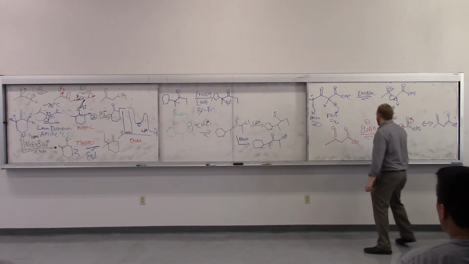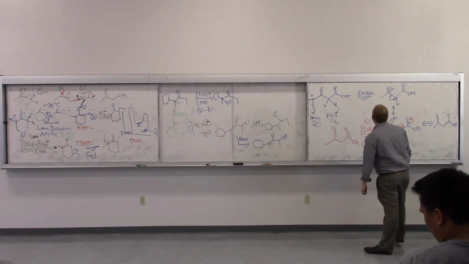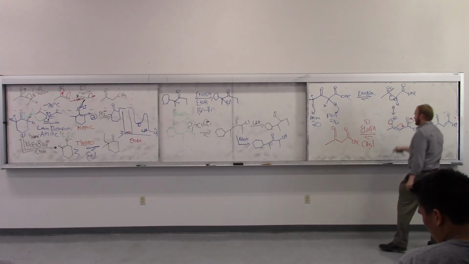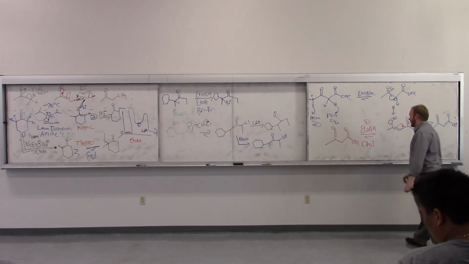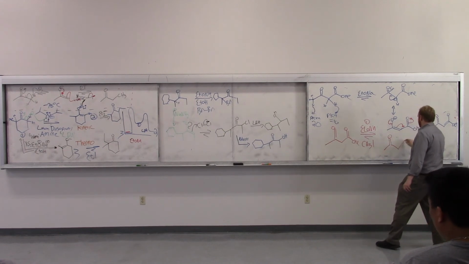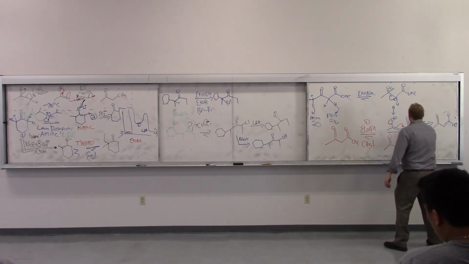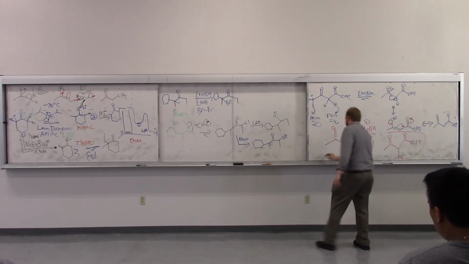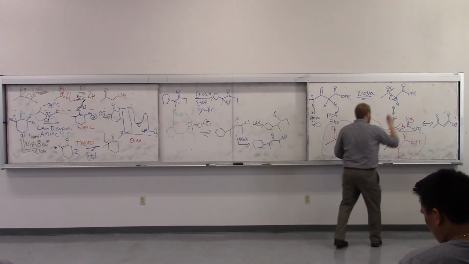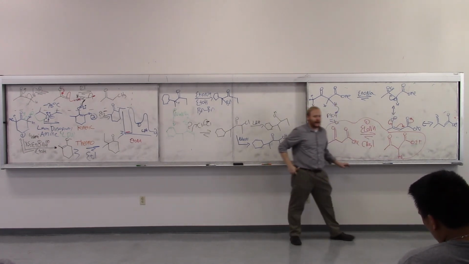Let's just use methyl iodide because it's easy to draw. And then you form this enolate here, and that's going to attack the methyl iodide. So the product we get out would be the alkylated carbonyl compound.